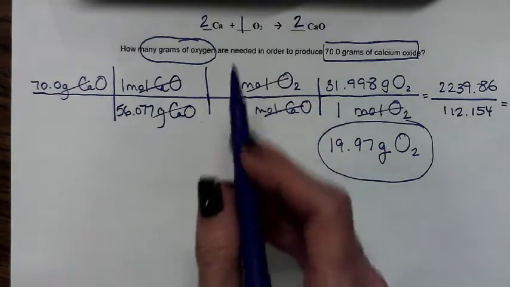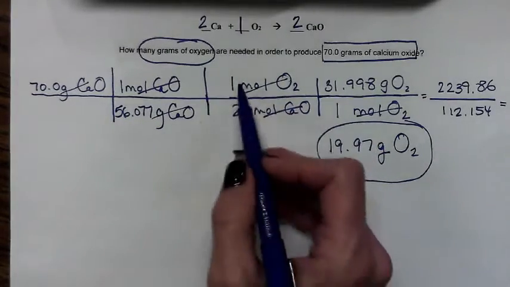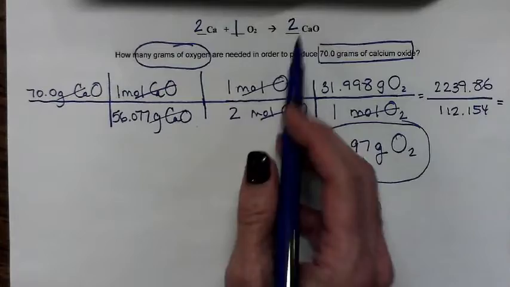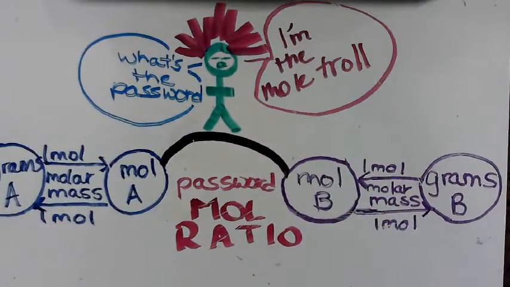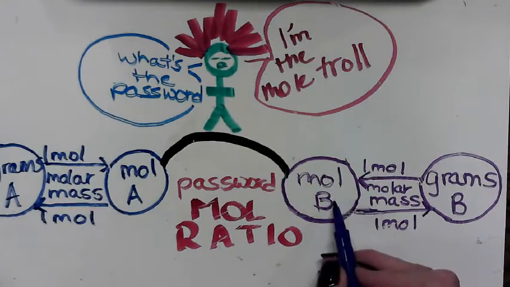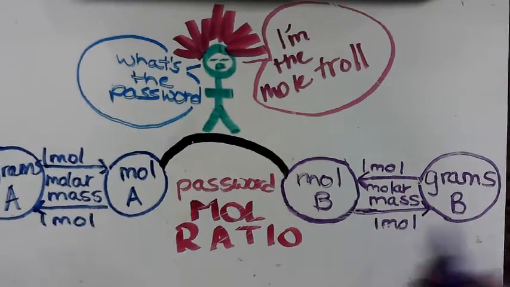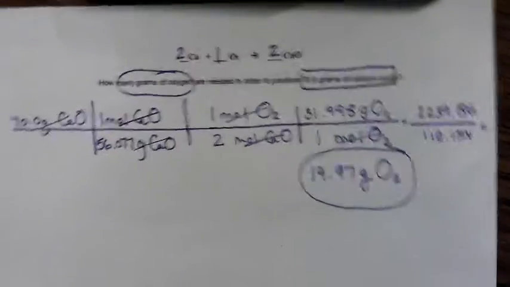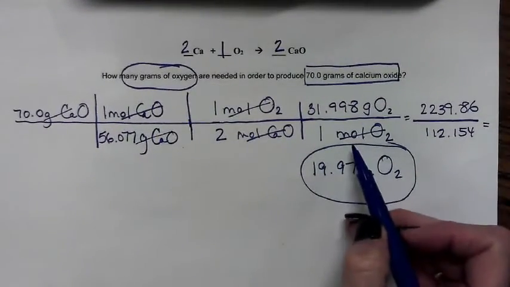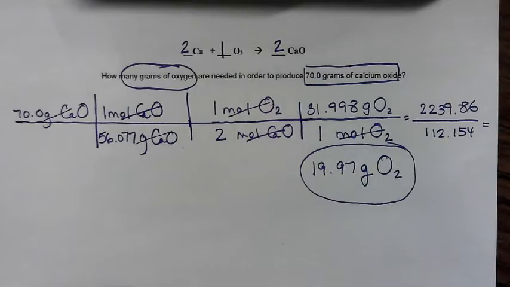And you take those numbers from the balanced chemical equation. There's 1 mole of oxygen, 2 moles of calcium oxide. Okay, gave the password. We got moles of oxygen. Follow the map. Follow the arrow that way. So we put molar mass of oxygen over 1 mole of oxygen. Did a little bit of division, and look, we did it. This is easy. I know you can do it.